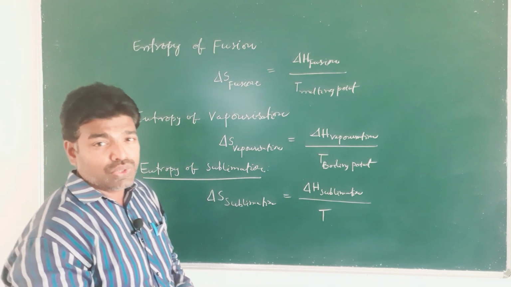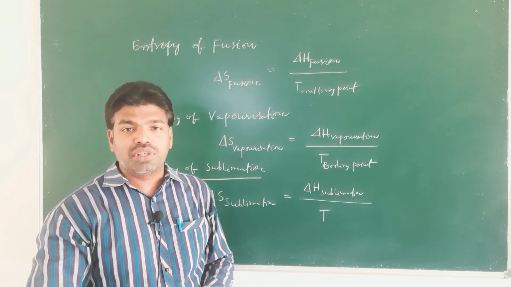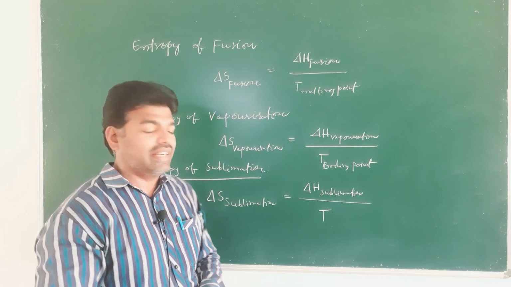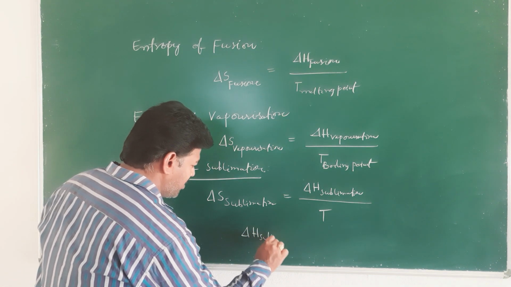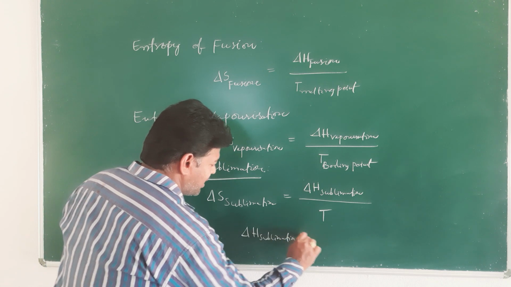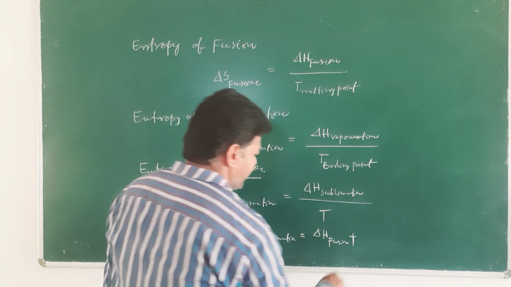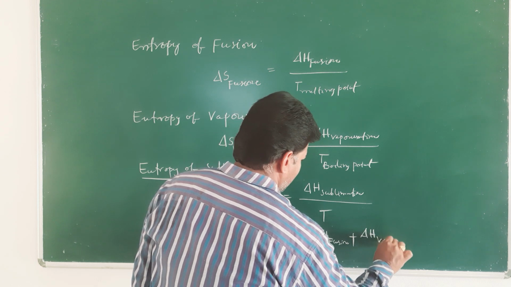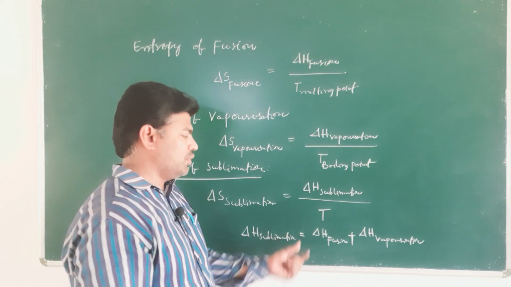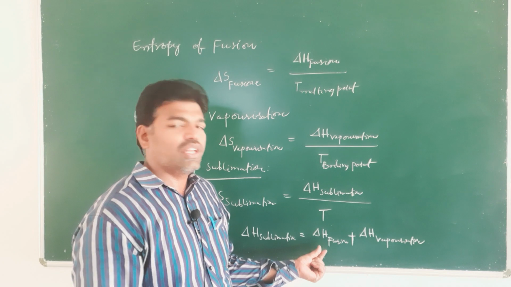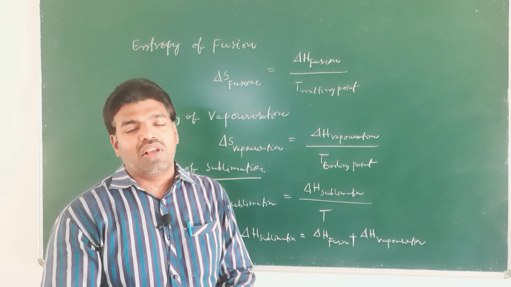Moreover, you should keep one point in mind: delta H sublimation, that is, the heat involved during the sublimation process, is equal to delta H fusion plus delta H vaporization, right?